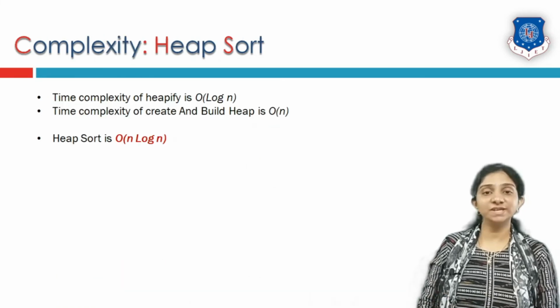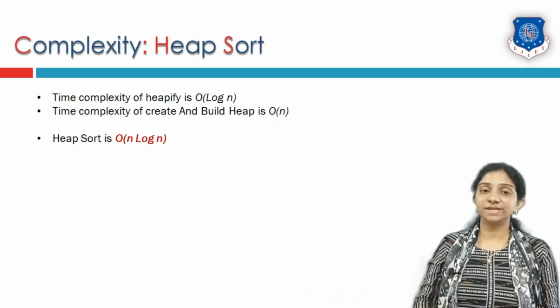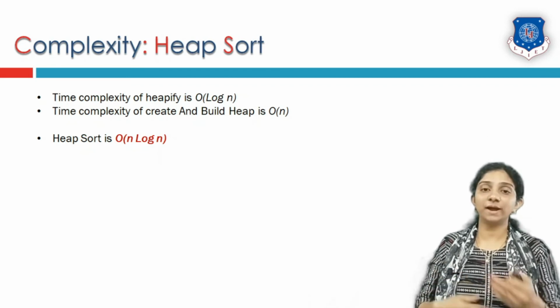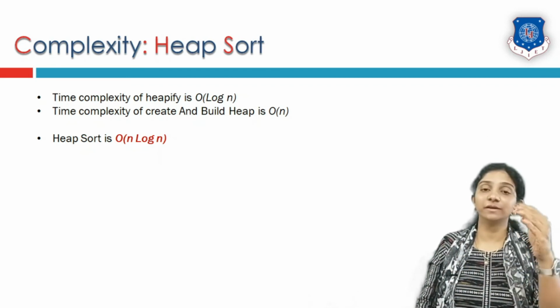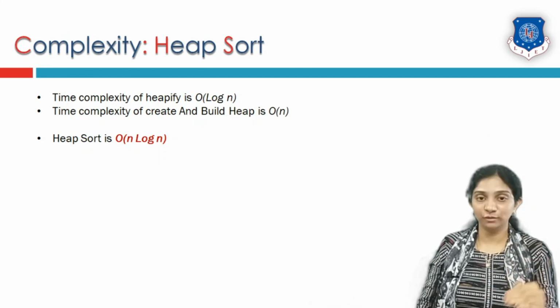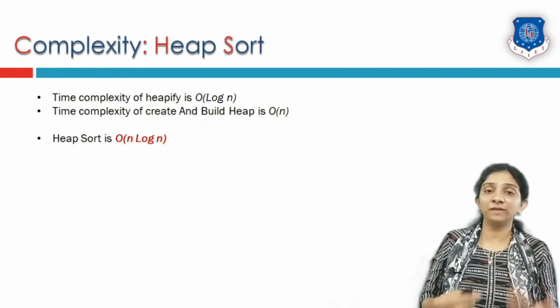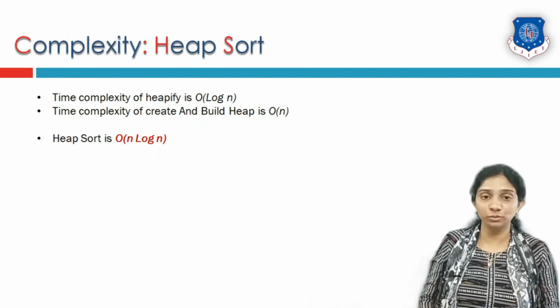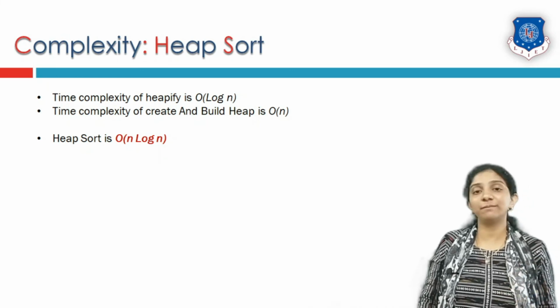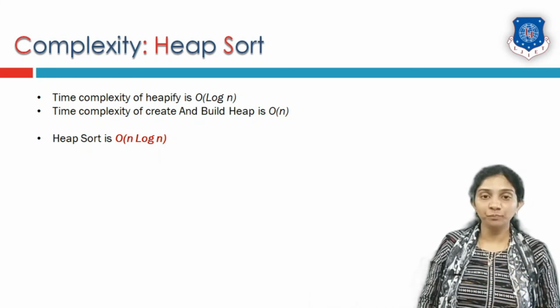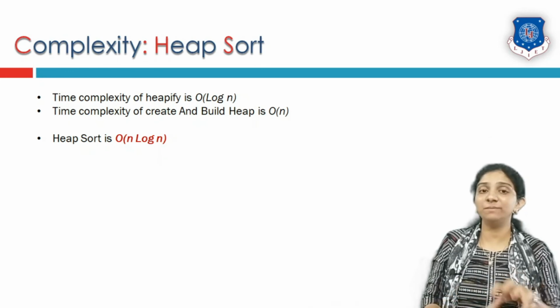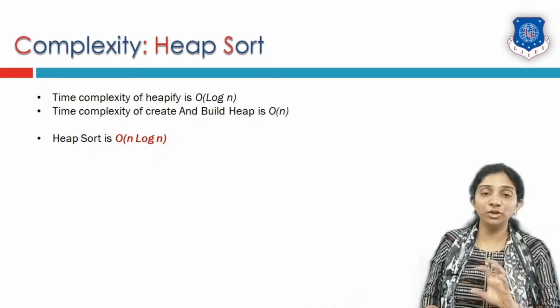Now, the time complexity of heap sort. The time required to heapify an existing tree is based on the number of levels. So for n elements, the number of levels will be log of n. So heapify has a time complexity of log n. And how many times do we have to heapify and continue to build the heap?